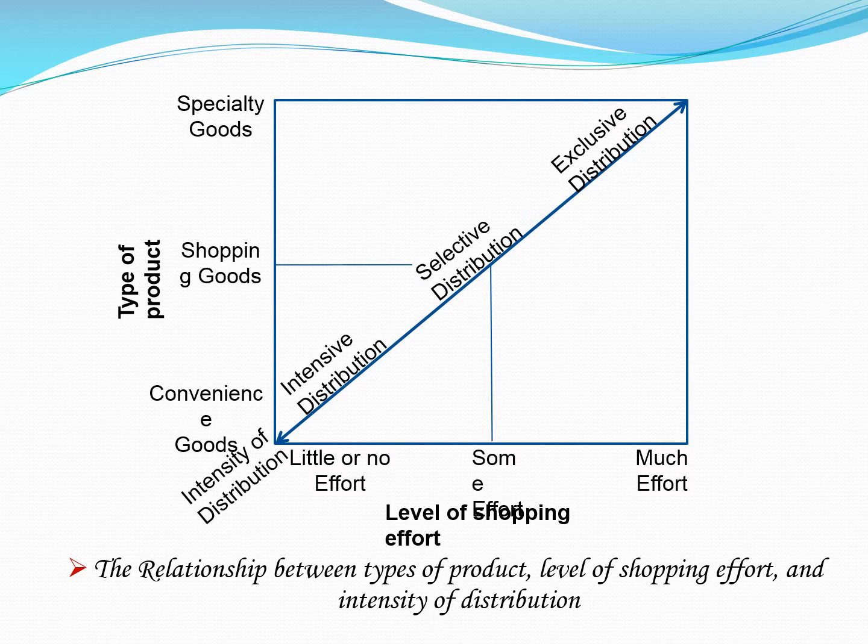So for the distribution intensity or the method adopted in case of convenience goods, little or no effort is required as we go through the intensive distribution, in which almost all the outlets are selected. The shopping goods use selective distribution, which requires a little more effort for distribution to the ultimate customers, like in case of clothes.